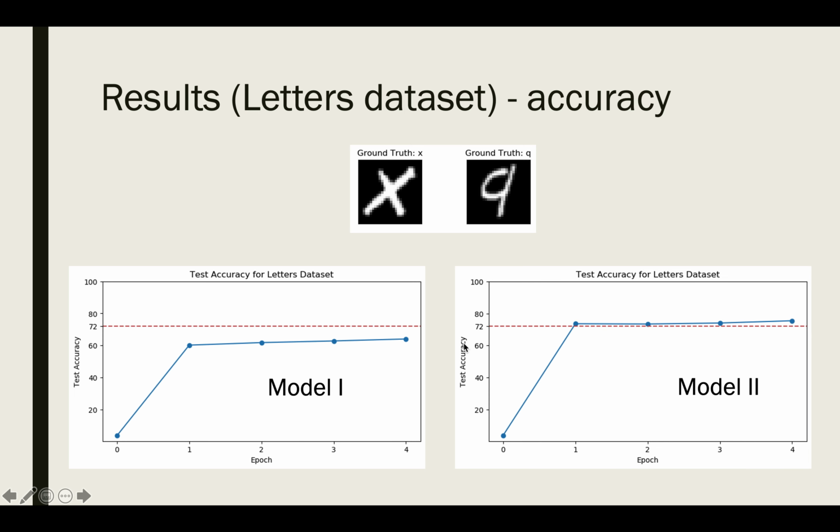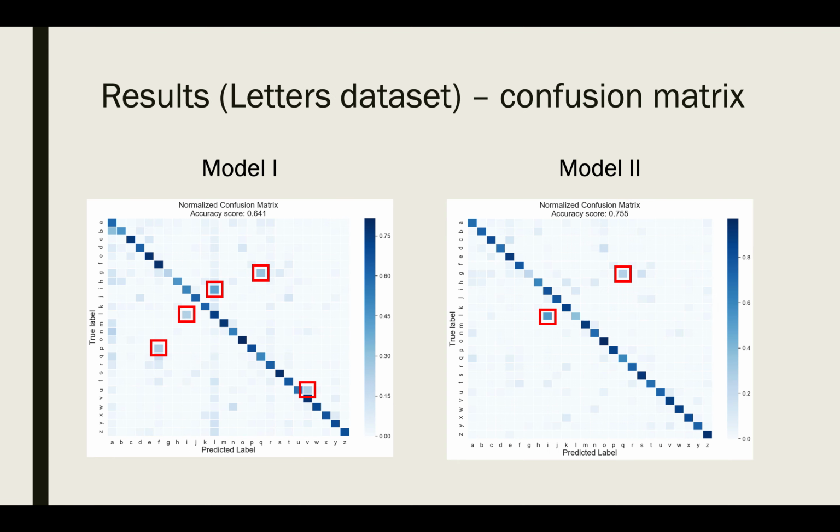We have also compared the accuracy of these two models, and it is clear that model 2 has outperformed model 1, and the difference between the performance of these two models is more visible compared to the digit dataset.